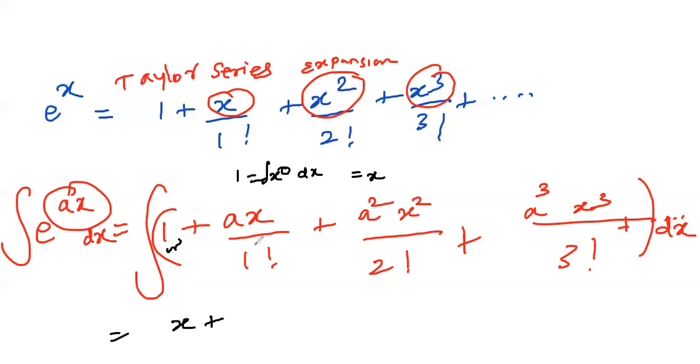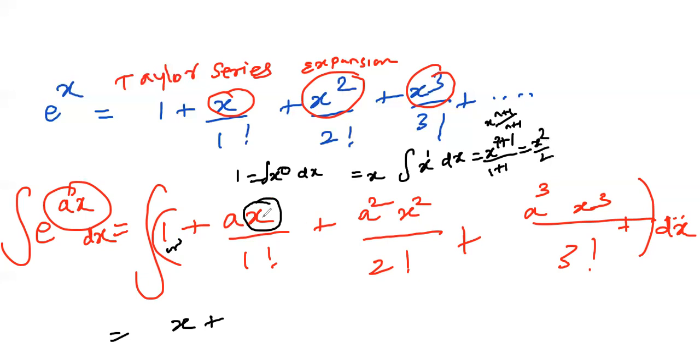And what about this? The a and 1 factorial are constants, and you do have x here. So what is the integration of x? It is x power 2 by 2, according to the x power n plus 1 upon n plus 1 formula. So this x will turn into x power 2 by 2 after the integration.